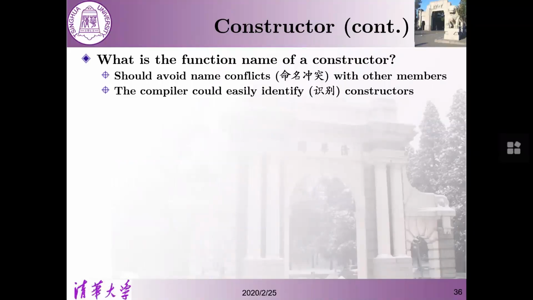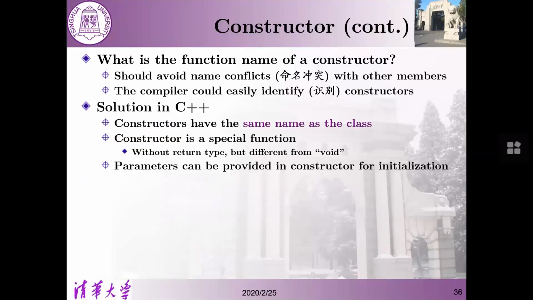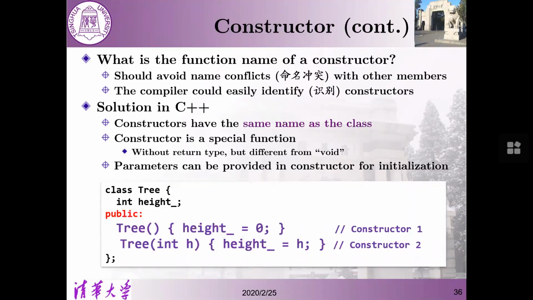So the constructor is defined like this. The constructor's name is the same as the class name, like this. And there's no return type. Right. Actually, it's not necessary for this name to be the same as the class name, right?